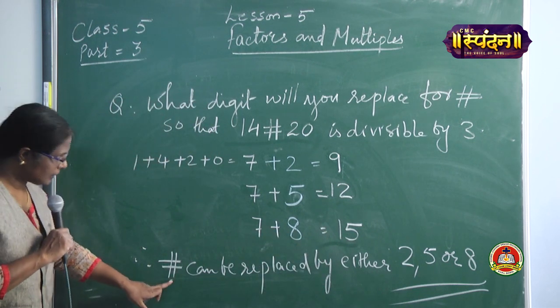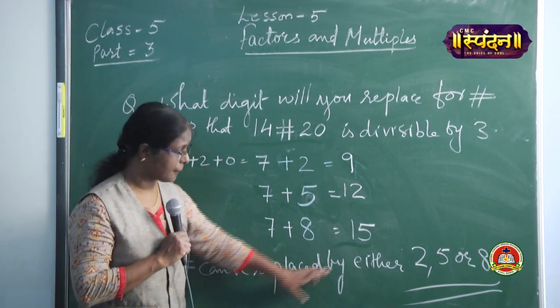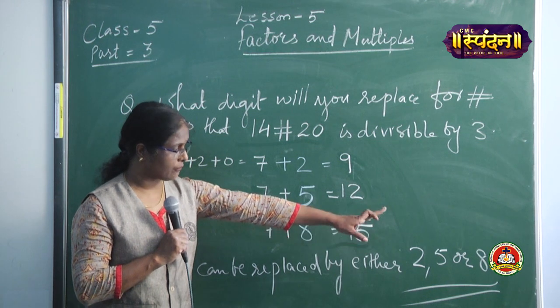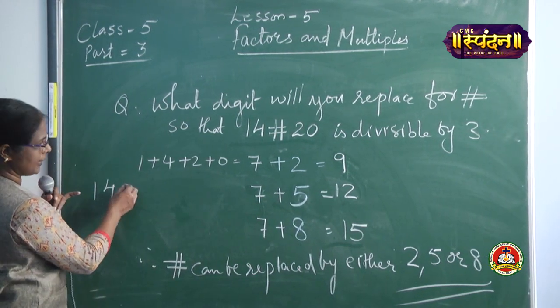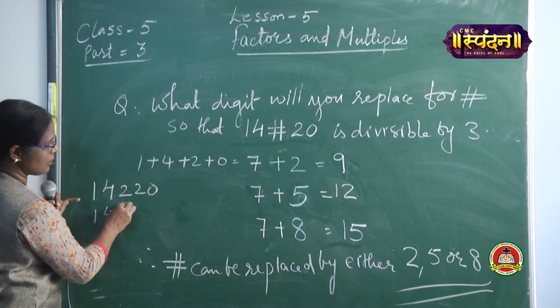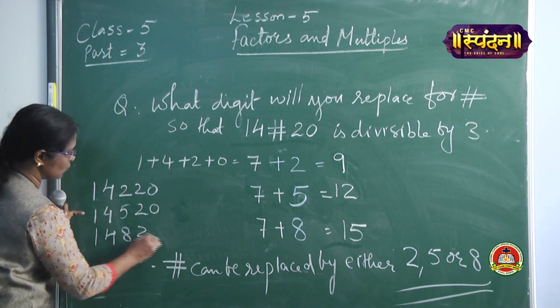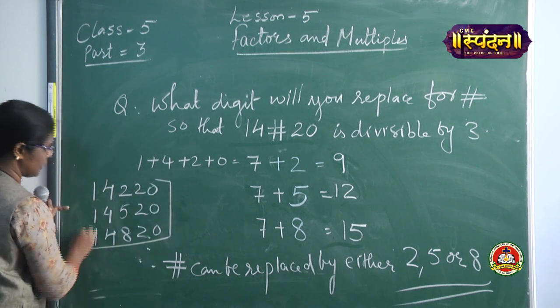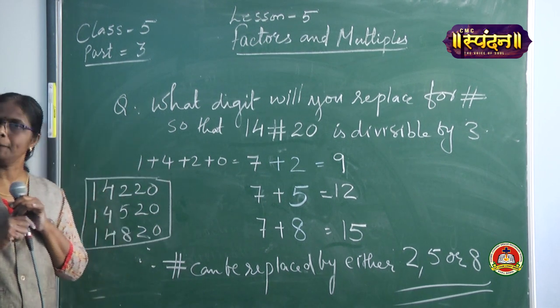That means this asterisk sign can be replaced by either 2, 5 or 8. Then the number you will get can be either 14,220 or 14,520 or 14,820. All three numbers are divisible by 3.